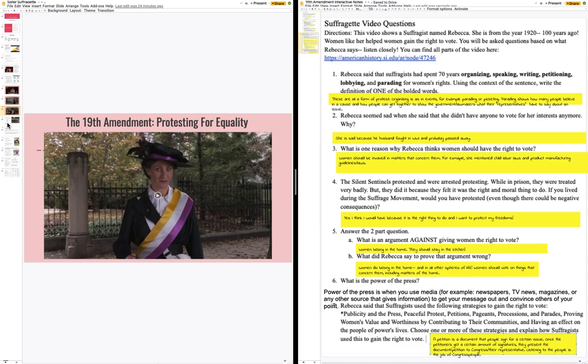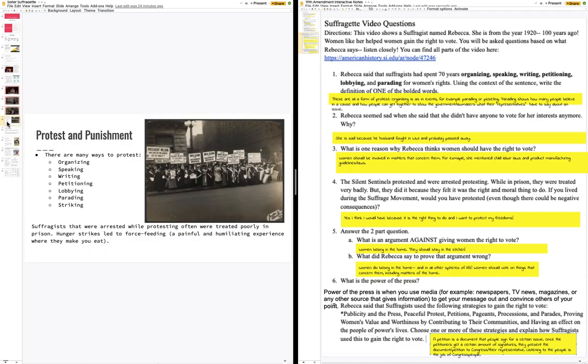Okay? So I just want to go over a few more points with you guys. Protest and punishment. So Rebecca said that there were many ways to protest, right? So organizing, speaking, writing, petitioning, lobbying, parading, striking, all of these things are used to protest. So just very quickly, organizing.